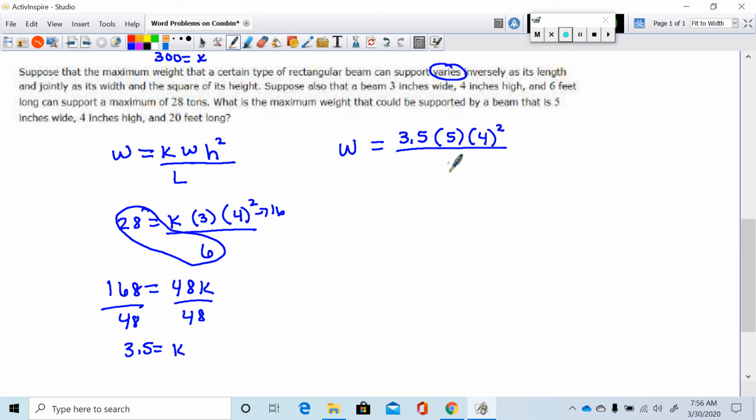The height is squared, and 20 feet long. Okay, well, you're just going to remember this is 16. So 3.5 times 5 times 16 divided by 20 is 14. So 14 tons.